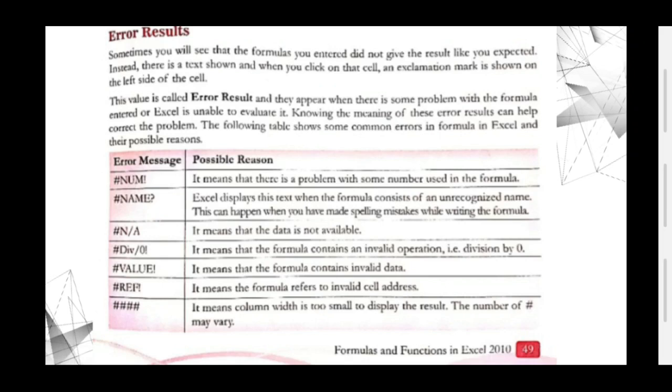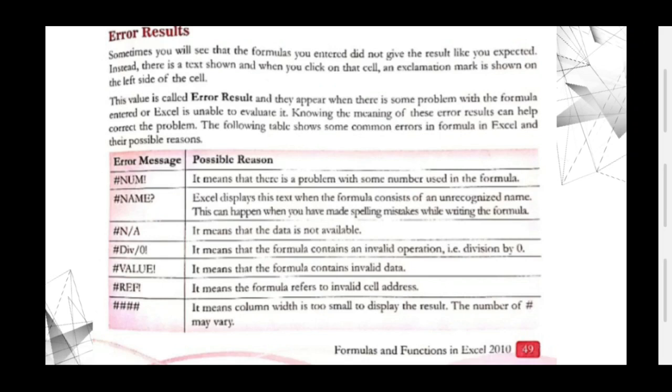It means Excel displays this text when the formula contains an unrecognized name. This can happen when we have made a spelling mistake while writing the formula. Next one, #N/A. It means that the data is not available.